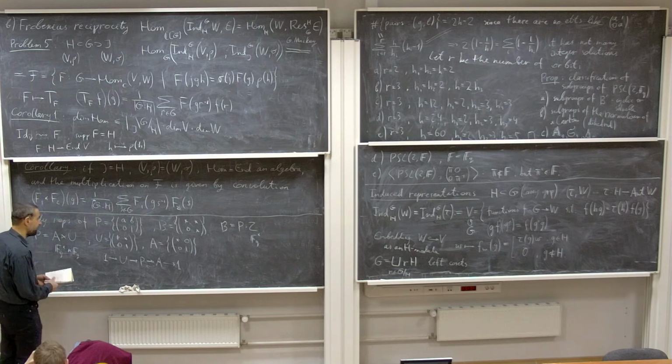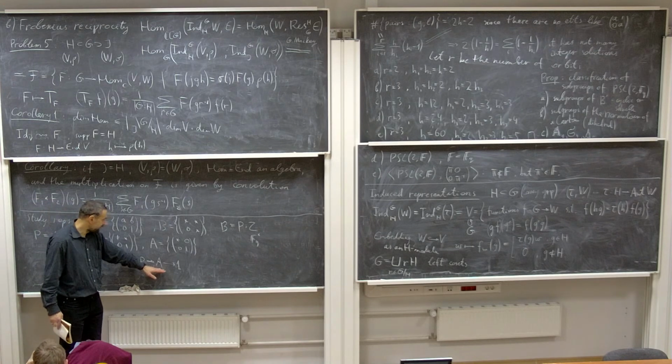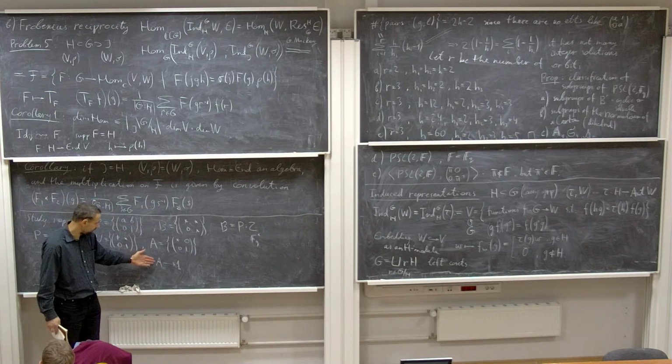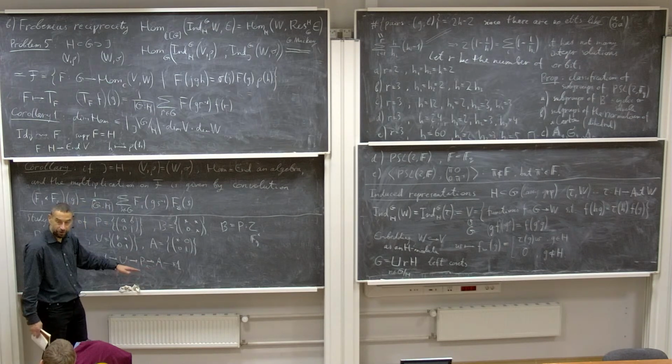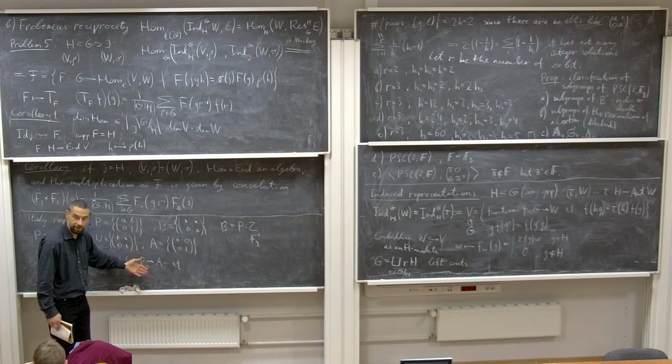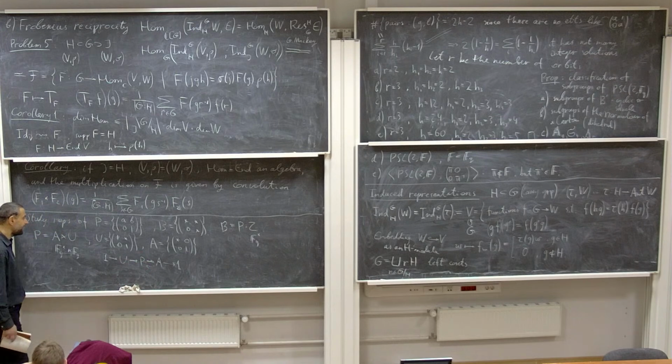Every character of A, by composition with this projection, gives rise to a character of P. Character, I mean, a one-dimensional representation, a homomorphism to the multiplicative group of complex numbers.